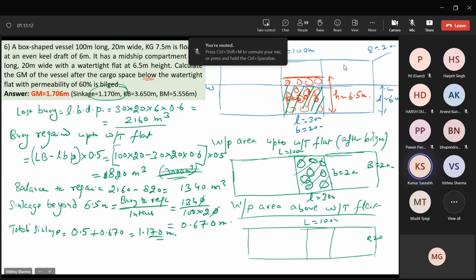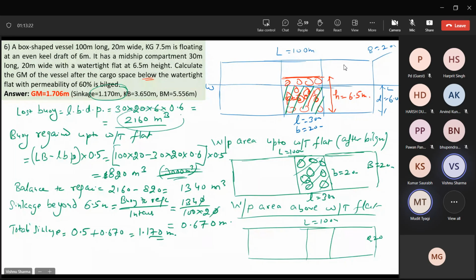Sir, my buoyancy of 820 came, so I will find the sinkage from 820 only, sir. When did buoyancy lost become 820? What is this 2160? That is the total buoyancy loss, no? Yes, sir. So what are you saying, 820? What is 820?